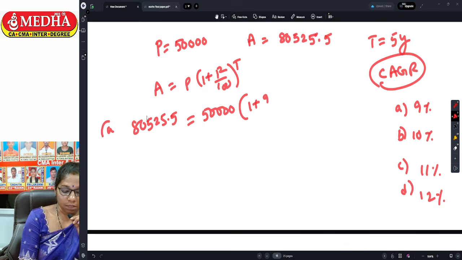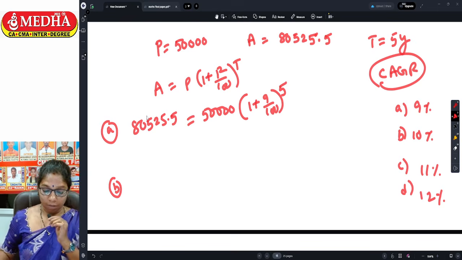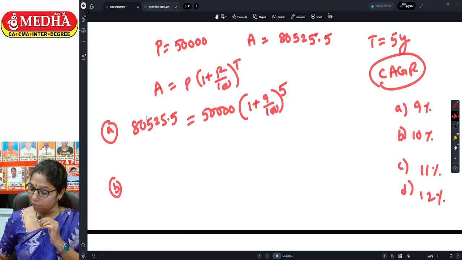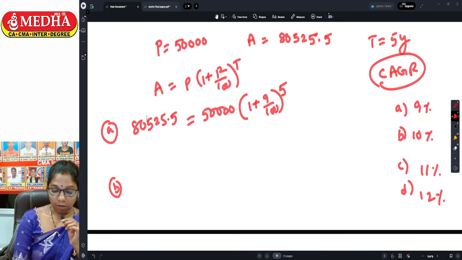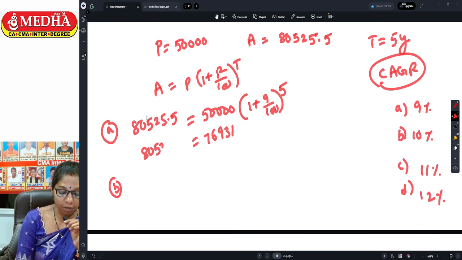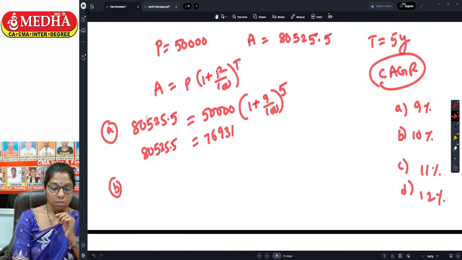Option A I am verifying: 9 by 100 whole power 5 years. 1.09 to the power 5 into 50,000 rupees is equal to 76,931, and this is 80,525.5. So this is not equal.